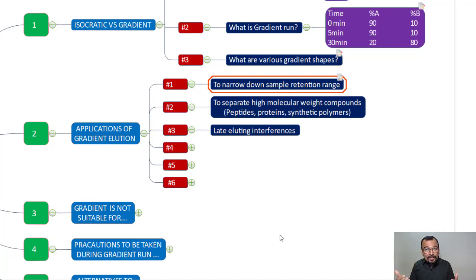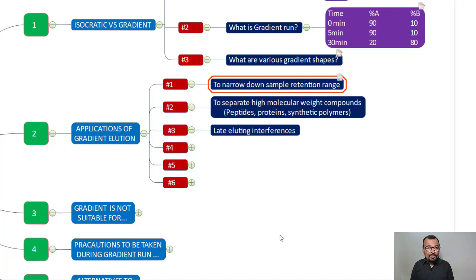Though it is not of interest to you, they can get carried forward into the next injection, and you don't want that to happen. So it is very important to elute such late eluting compounds in the same chromatogram, and this gradient elution will help you.